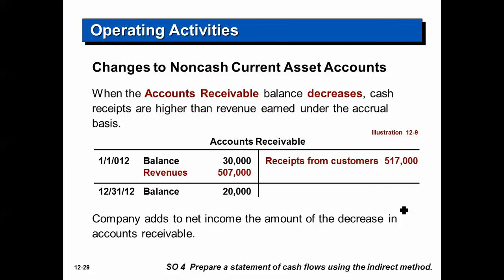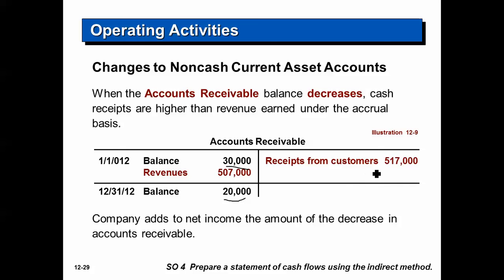Now we look at all the current assets, or the non-cash current assets. We look at accounts receivable on the balance sheet. And we say, okay, look, it decreased. It was 30,000 at the beginning of the year, and with receipts from customers and revenue, we end up with 20,000. So obviously, the company adds the amount of decrease.